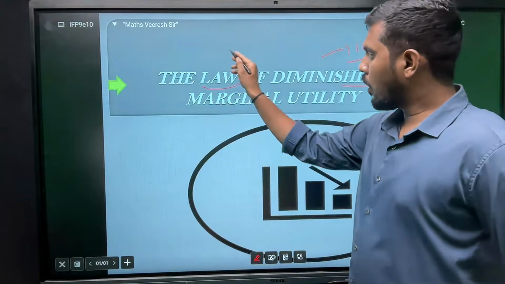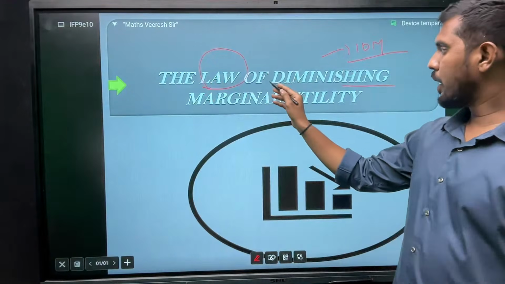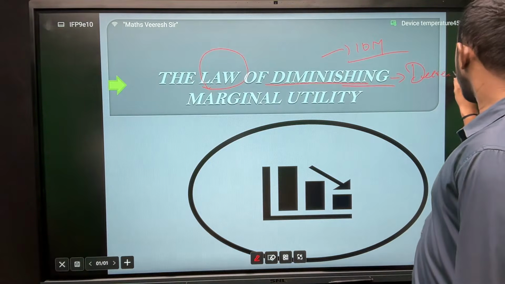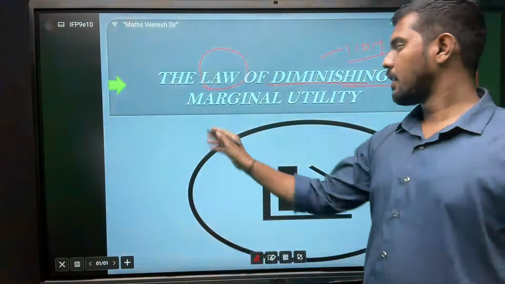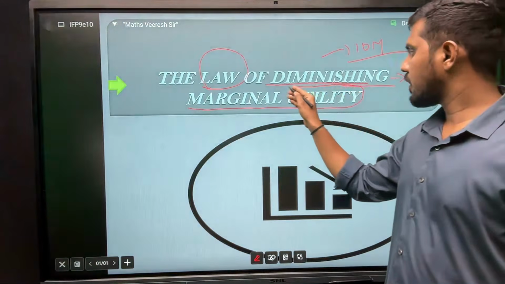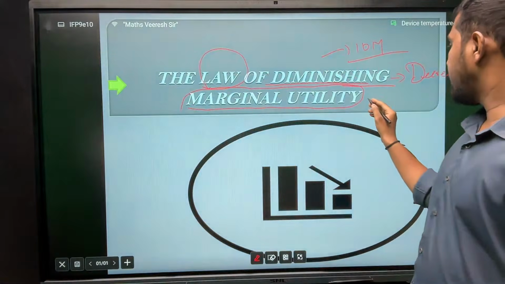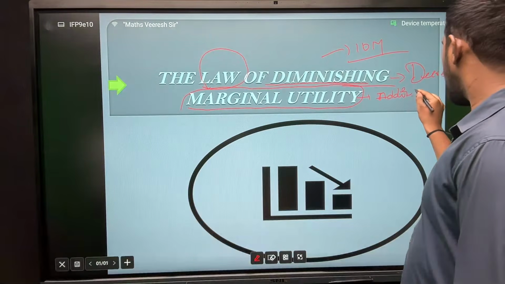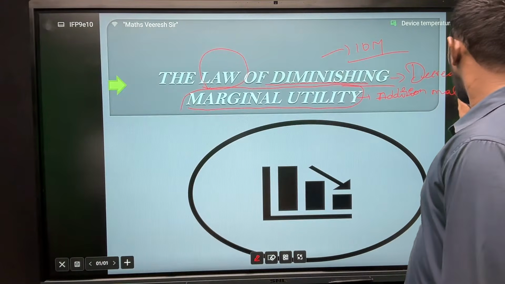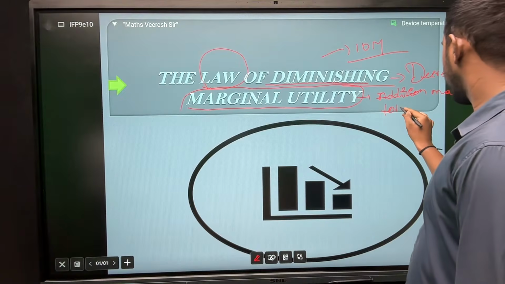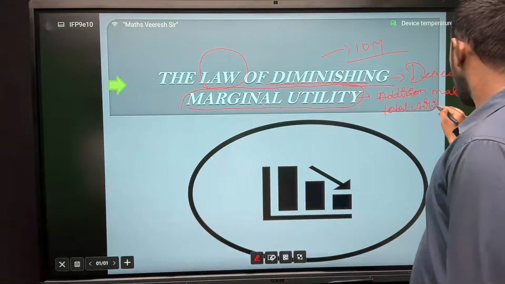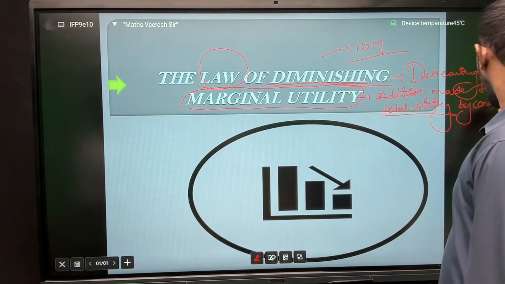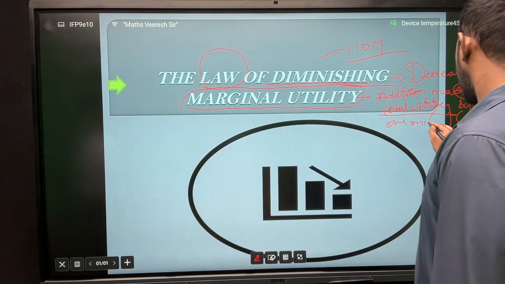First of all, a law has to be prepared by someone, right? And diminishing, in normal terms, is nothing but decreasing. Marginal utility is nothing but the addition made to the total utility by consuming one more commodity.